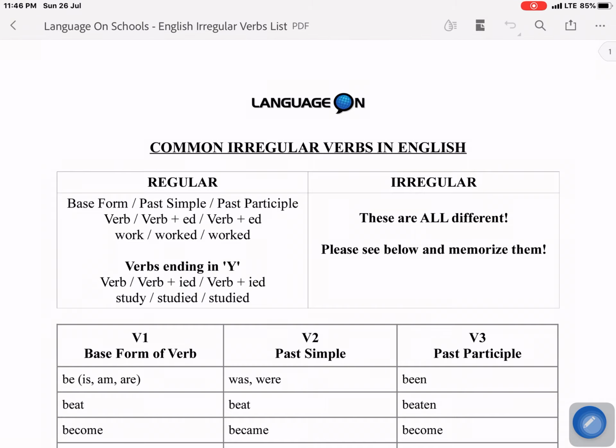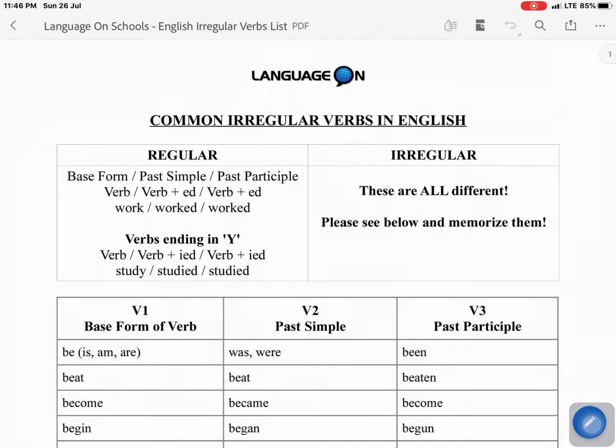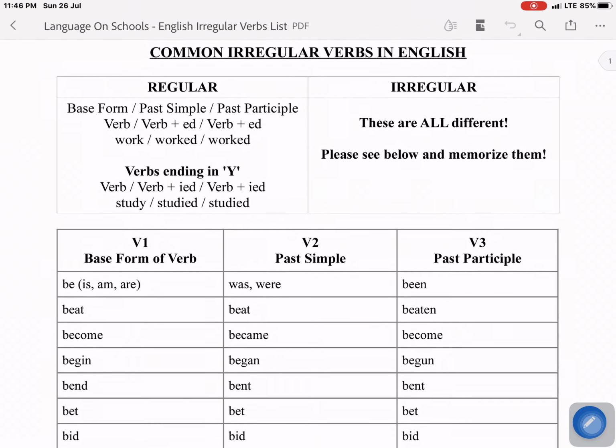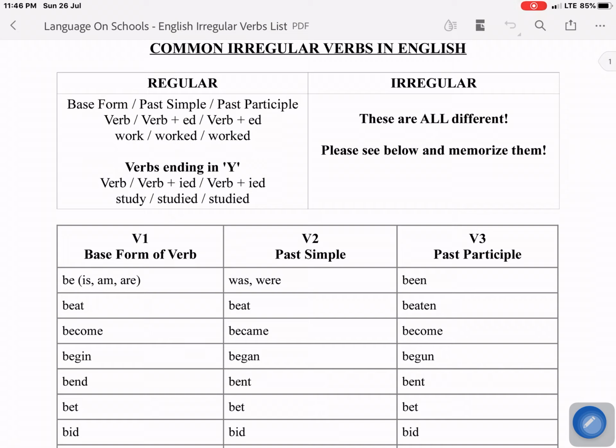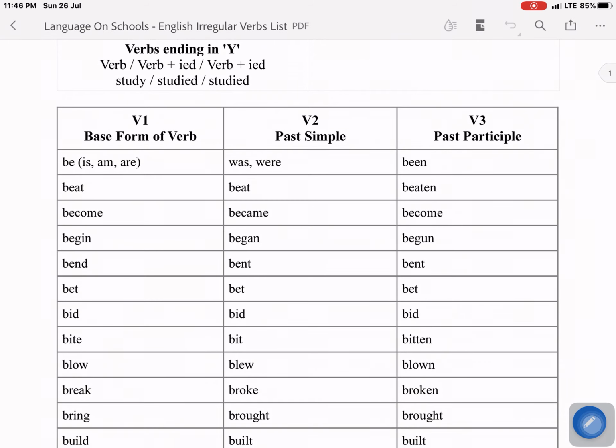Now we will learn about conjugation of verbs V1, V2, V3 and V1 ing in relation to irregular verbs, because regular verbs you can learn very easily, and what you need to do is to memorize about conjugation of these irregular verbs. See, V1, V2, V3, V1 ing.